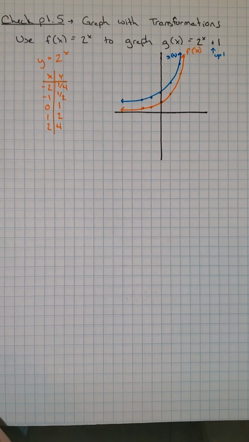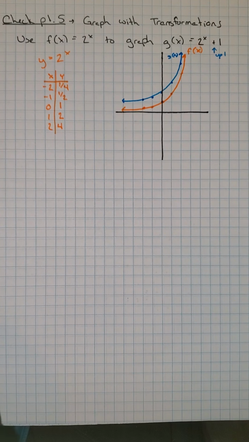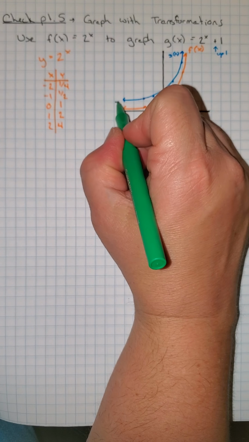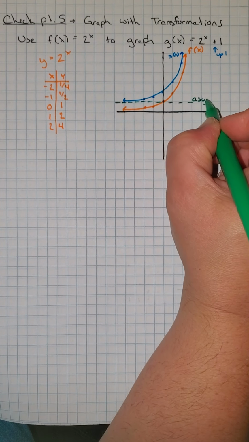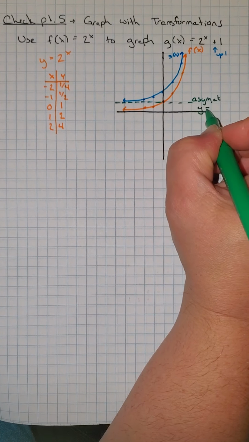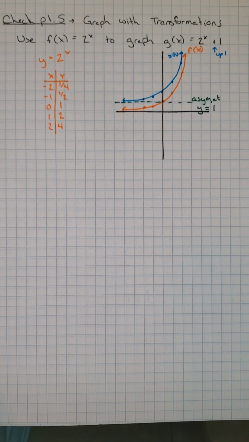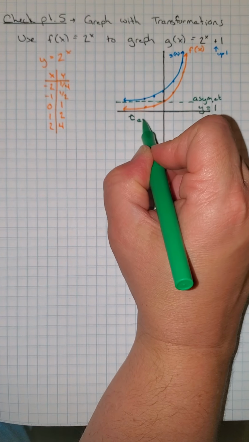So we now have an asymptote at y equals 1. The original had an asymptote at y equals 0.